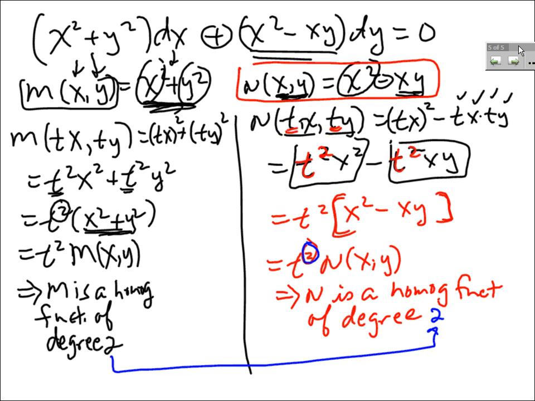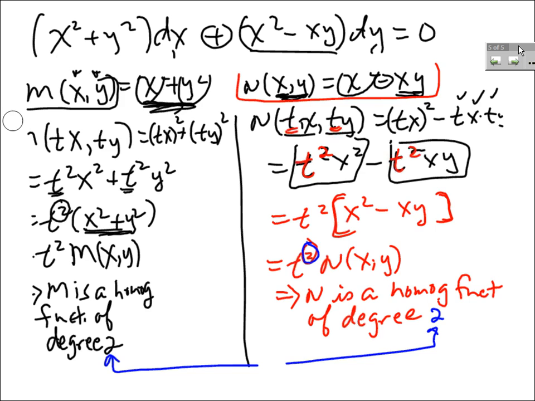Those two are the same. For this top equation to be called homogeneous, it better be that M and N are homogeneous functions and they have the same degree. So we verified that. Possibly on an exam, you'd have to verify it.